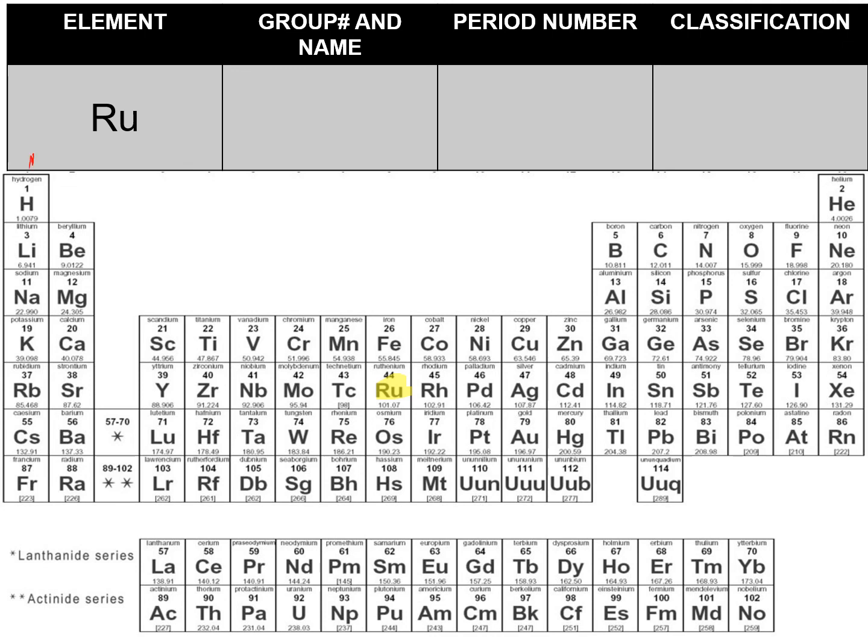So, 1, 2, 3, 4, 5, 6, 7, 8, 9, 10, 11, 12, 13, 14, 15, 16, 17, 18. So, anong group niya? Group number 8, 'di ba? So, group number 8 siya. At nandito siya sa mga elements na to. Etong mga elements na to ay tinatawag nating transition elements or transition metals.